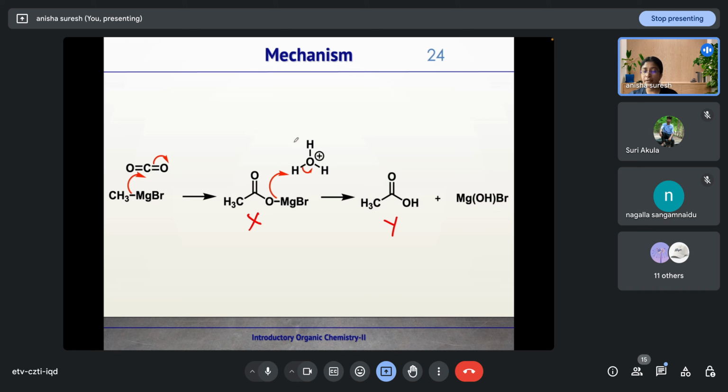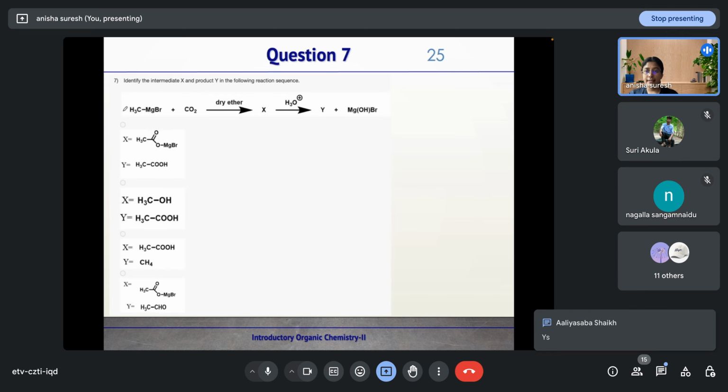So it is reacting with H3O plus under hydrolysis condition. Clear, right? Okay. So here the right answer is option A.